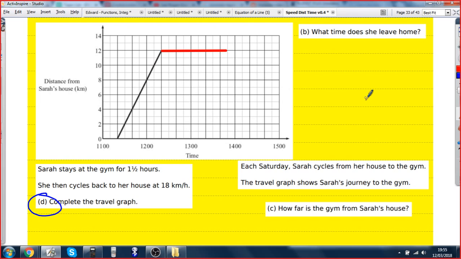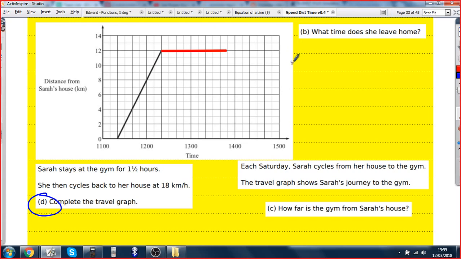So 18 divided by 1.5 hours, so 90 minutes.